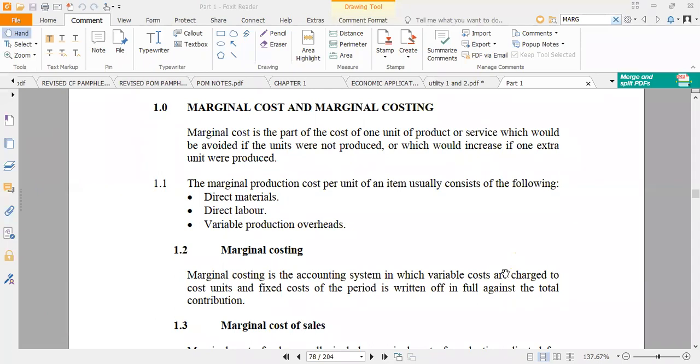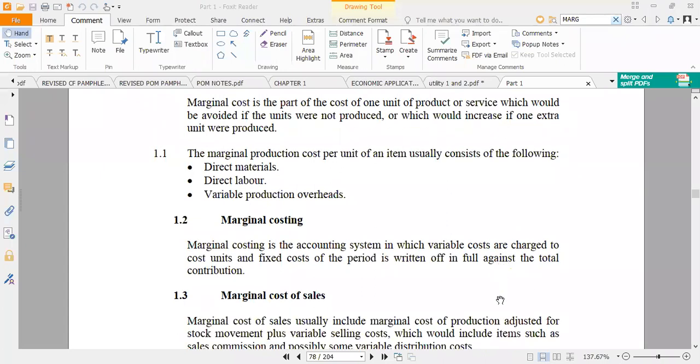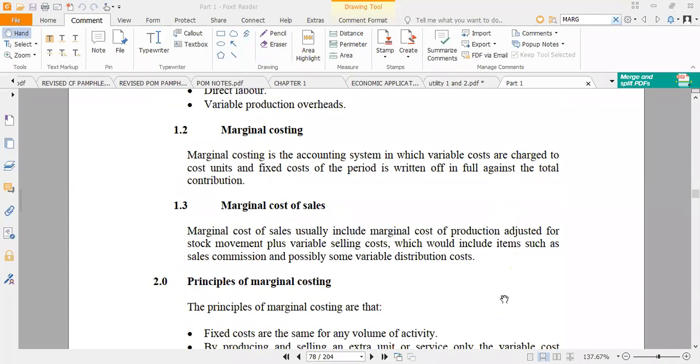So we only need to handle the variable cost of production per unit, like the labor, material cost, and variable production overhead cost. That's the term marginal. Now, marginal costing is an accounting system in which variable costs are charged to the cost of units and fixed costs of the period are written off in full against the total contribution.